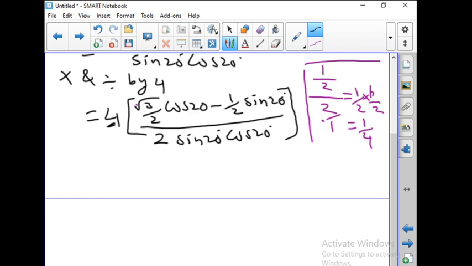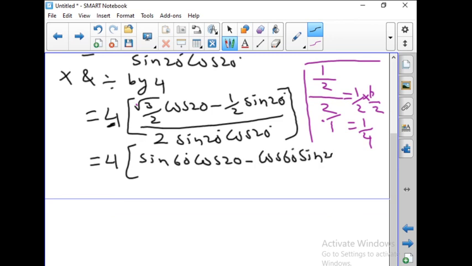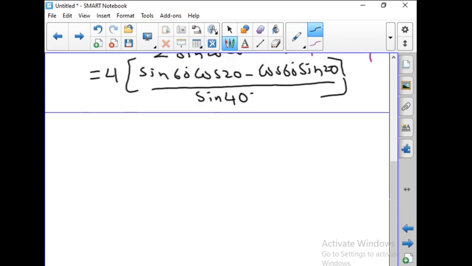Okay. So now what is this? This can be written as 4 into sine 60 cos 20 minus cos 60 sine 20 by 2 sine theta cos theta, which is sine 2 theta. So it is sine 40. Therefore it is equal to 4 into, what is sin A cos B minus cos A sin B?